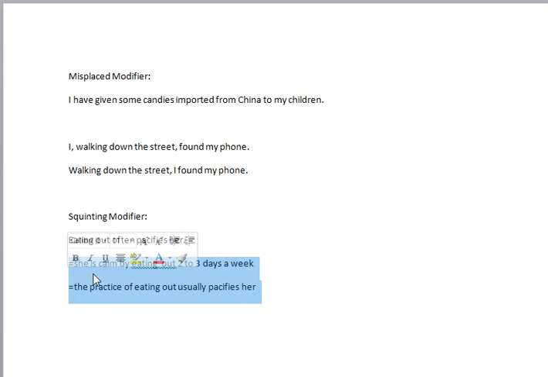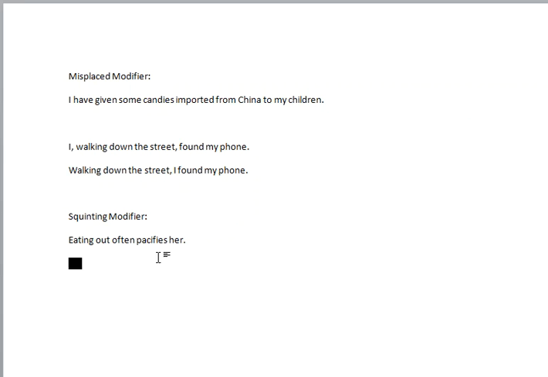Here we need to add a few things to put emphasis on whether the practice of eating or the fact that she's always pacified by going out often or usually, or two to three days a week.